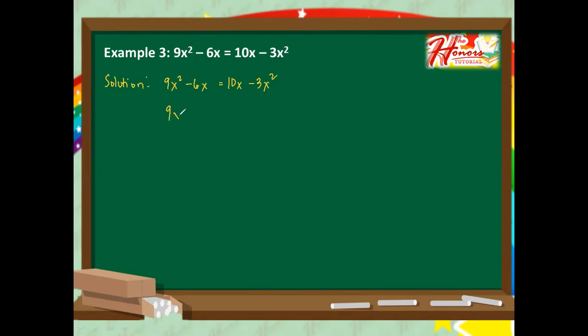So that is 9x squared. Please transpose negative 3x squared at the left side of the equation. Then we have here positive 3x squared, and then copy this negative 6x. And then please transpose positive 10x to the left side of the equation, and it will become negative 10x. And then equals 0. So now let's combine like terms.